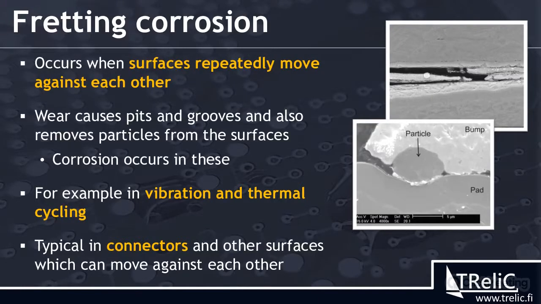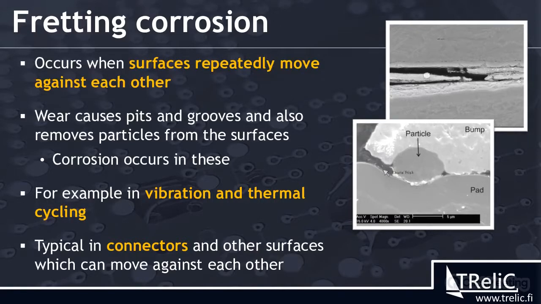Another common corrosion in electrical applications is fretting corrosion. This is an example of corrosion where we don't have humidity involved. Basically this can happen, for example, due to vibration, where surfaces repeatedly move against each other, and this leads to oxidation of the surfaces, and eventually you have lots of small oxidized particles.